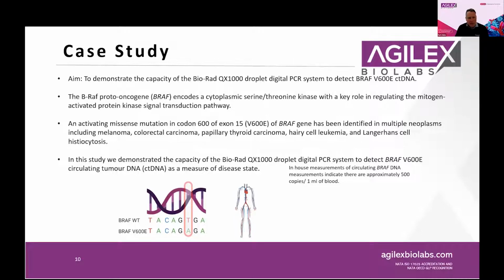In this study, what we did was demonstrate the capacity of our BioRad system to detect BRAF V600E circulating tumor DNA as a measure of disease state, which could then be applied within a clinical trial situation to detect these mutations within a certain patient population. At the bottom here, this is the missense mutation of thymidine within the B-Raf proto-oncogene.